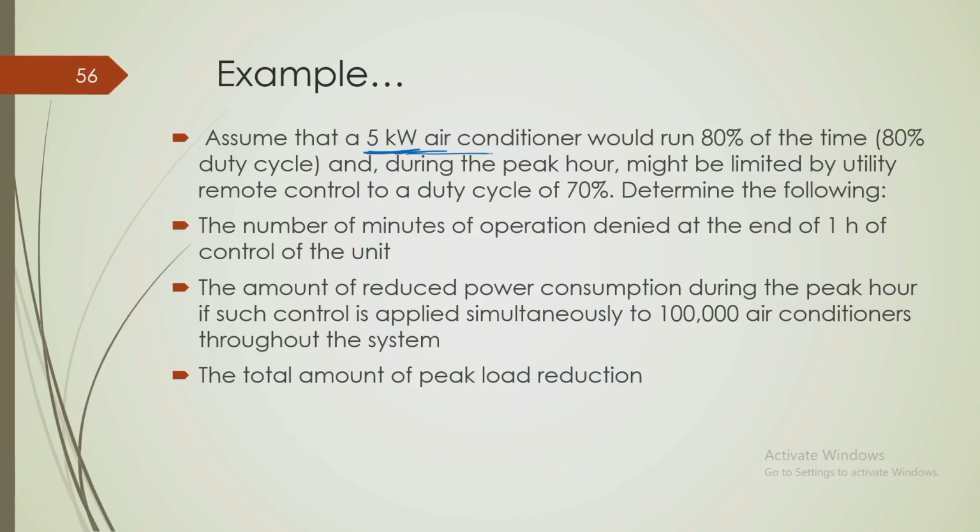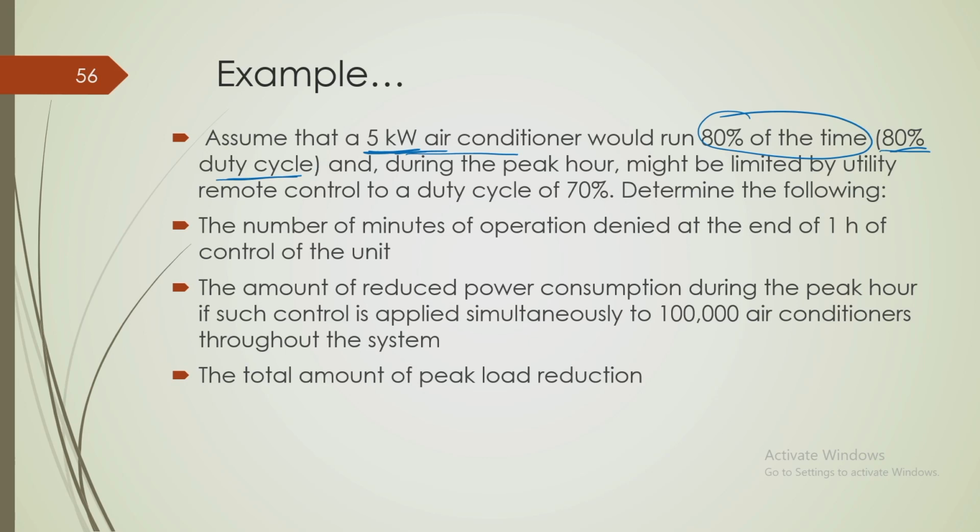Now, there is an example here. We have a 5 kilowatt air conditioner which runs 80% of the time. That means its duty cycle is 80%, it remains on for 80% of the time.